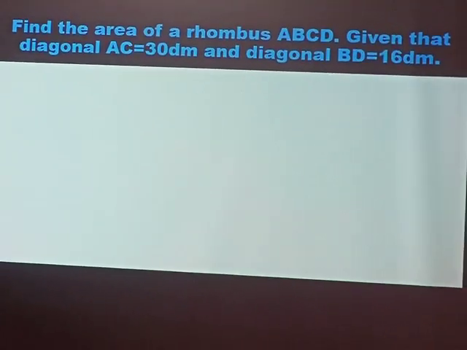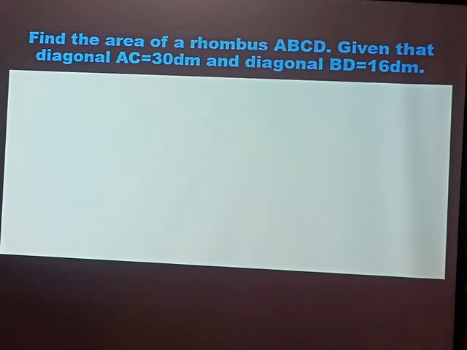Let's look at our next question, and there it comes. Our next question is in words, no diagram for now. Find the area of a rhombus ABCD given that diagonal AC is 30 decimeters and diagonal BD is 16 decimeters.